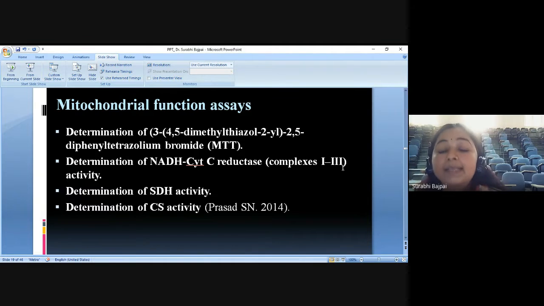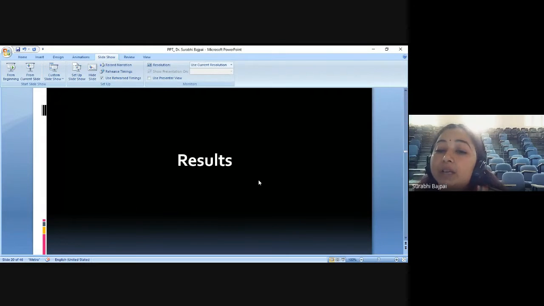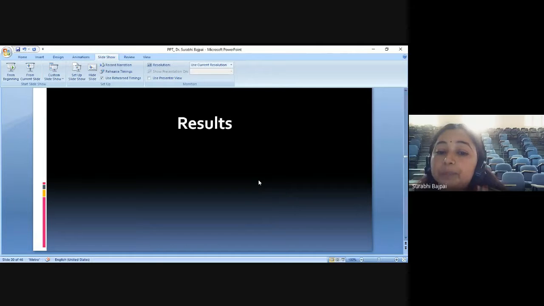After the ethical sacrifice of the animals, the brain sections were also utilized for the mitochondrial functional assays that were done, which are as follows, and then we come to the results of this study.